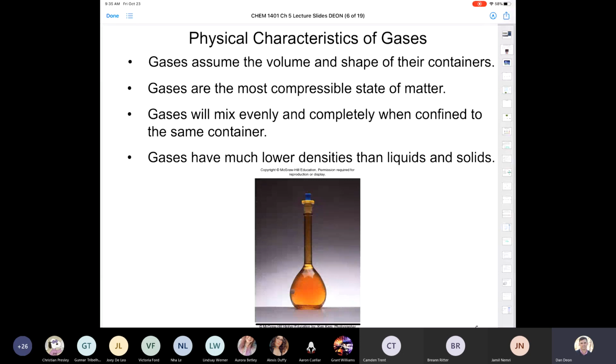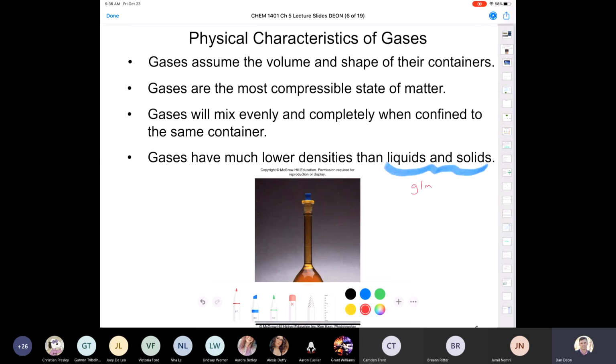Gases will mix evenly and completely when confined to the same container. So if we mix two or more gases, they're going to form a homogeneous mixture. And gases have much lower densities than those of liquids or solids. In fact, when we look at the densities of liquids and solids, normally those are reported in grams per milliliter or grams per centimeter cubed.